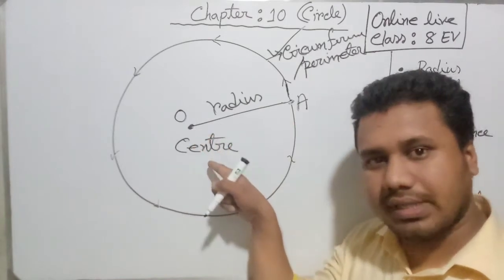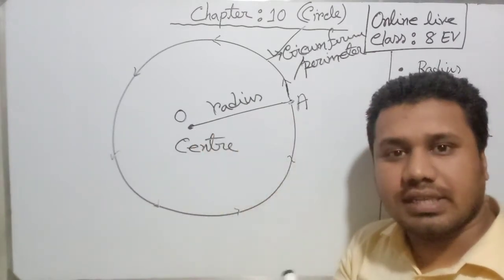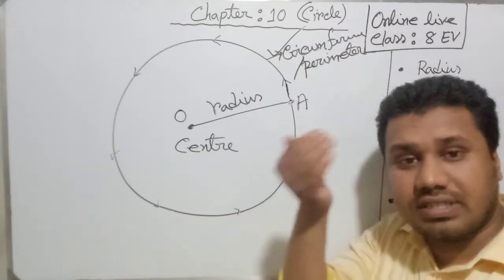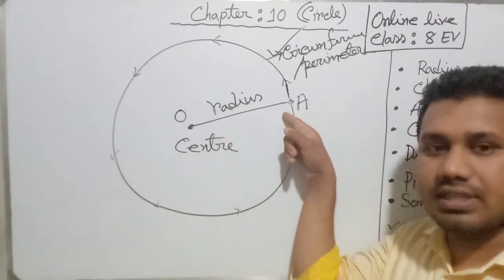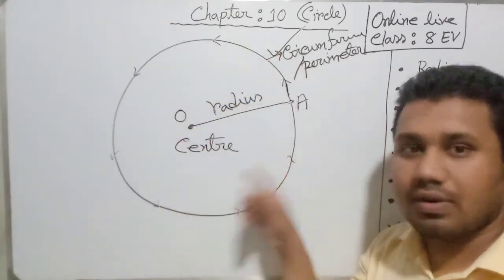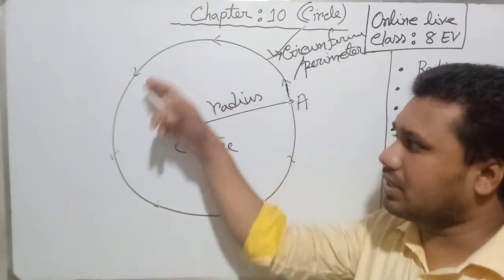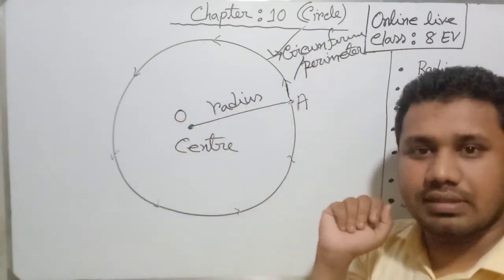This fixed point is the center, this fixed distance is the radius, and the boundary, or perimeter, like a ring, is called the circumference.